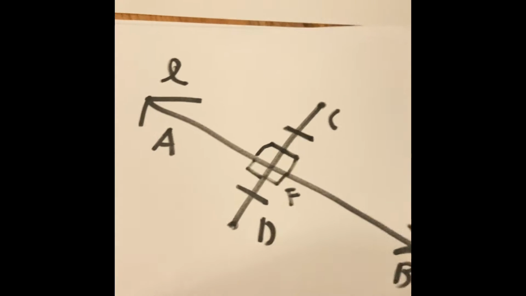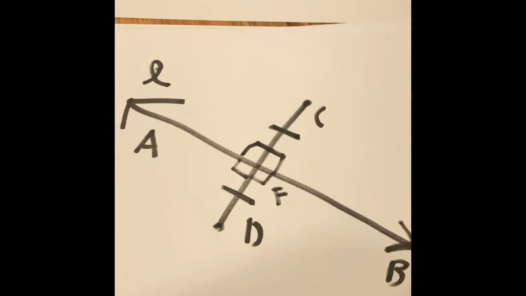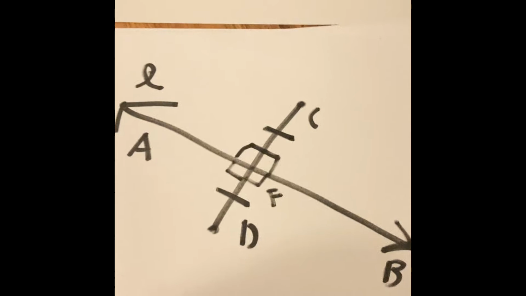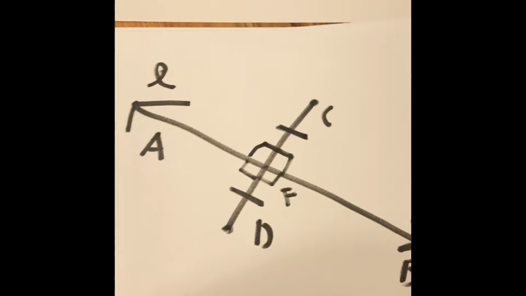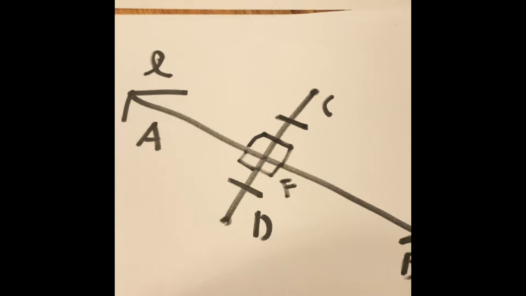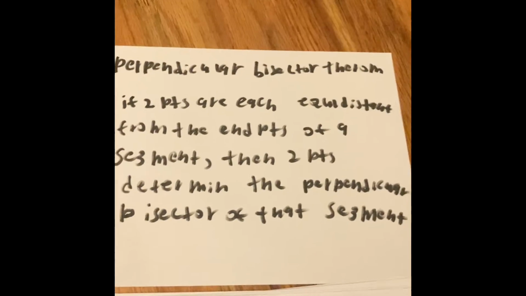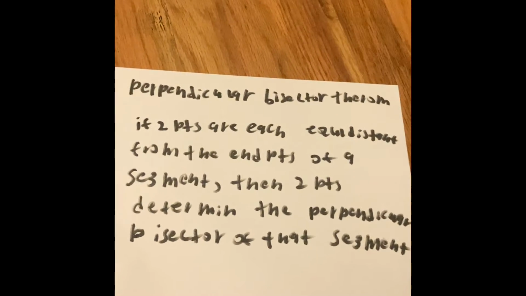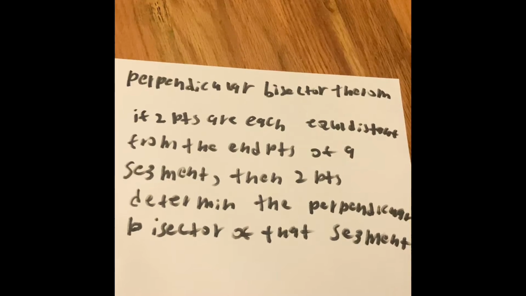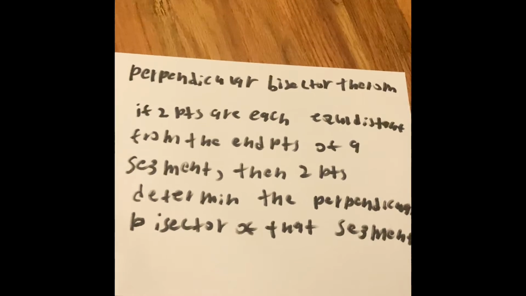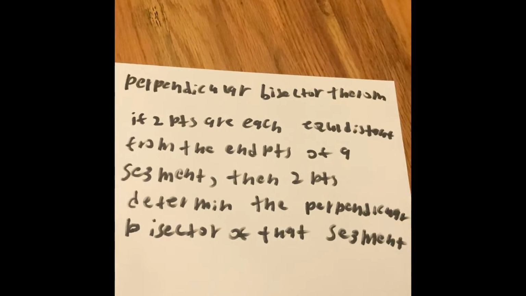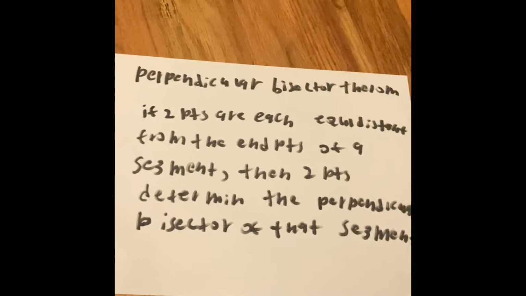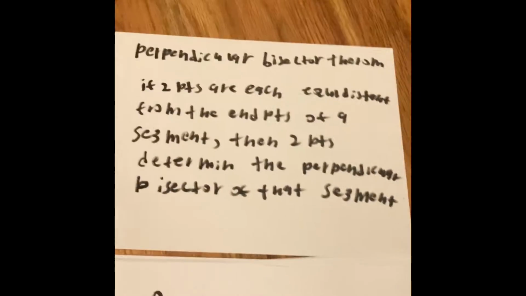So not only does it strike through another line and make perpendicular lines, but it also makes two congruent segments. So let's reread the theorem and try to understand what happens. If 2 points are each equidistant from the endpoints of a segment, then those 2 points determine the perpendicular bisector of that segment. Let's understand that by proving the theorem.